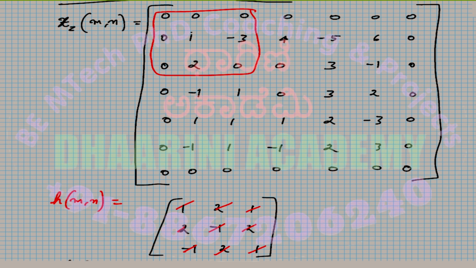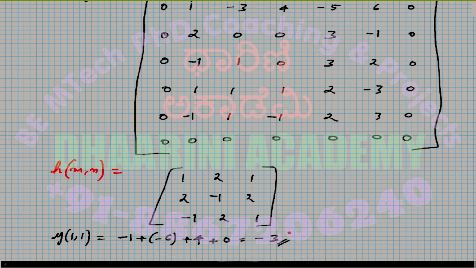This is what I did. So point by point multiplication, it's actually a dot product, by placing the h or the smaller matrix over the larger matrix such that there is overlap. Now you got a point minus 3.